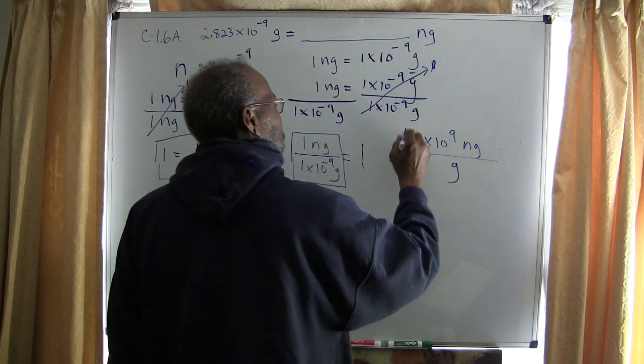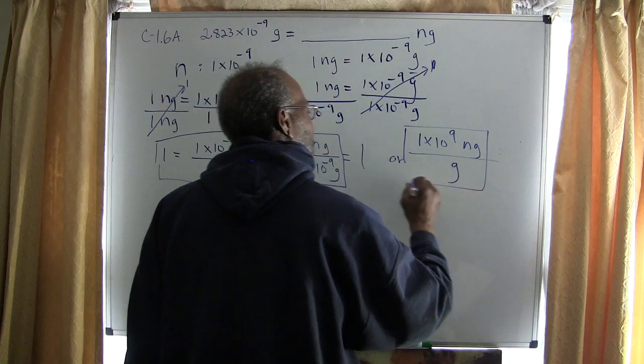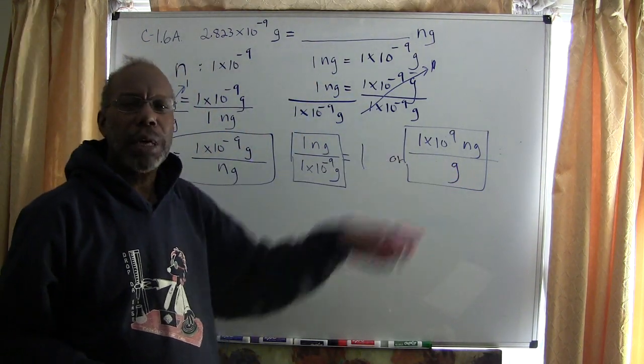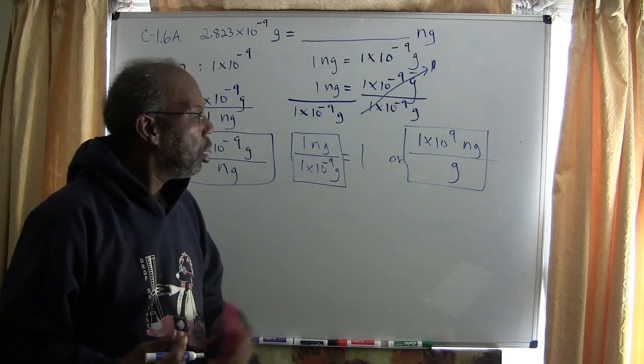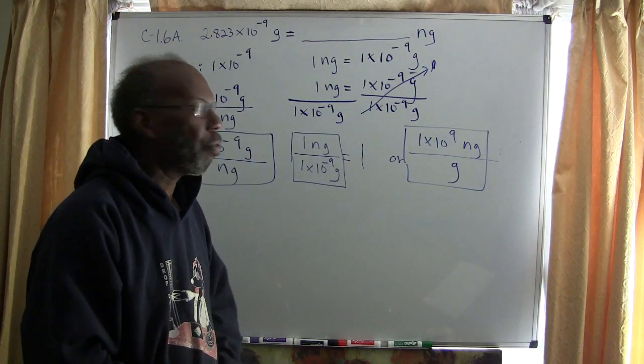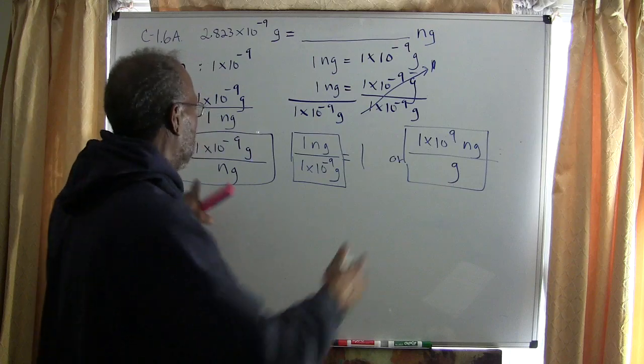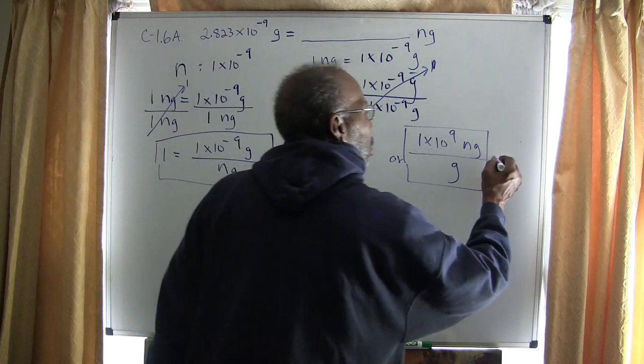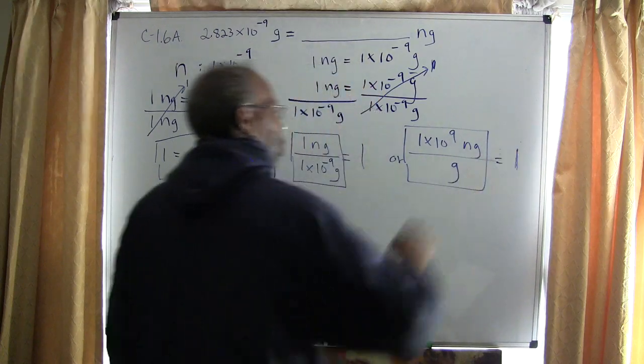So either one of these conversion factors would be perfectly okay. This is simpler for me to use when I do my conversions, so I'm going to go ahead and use that conversion factor. And this is equal to 1 again.